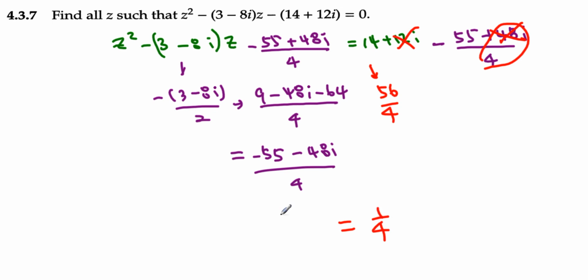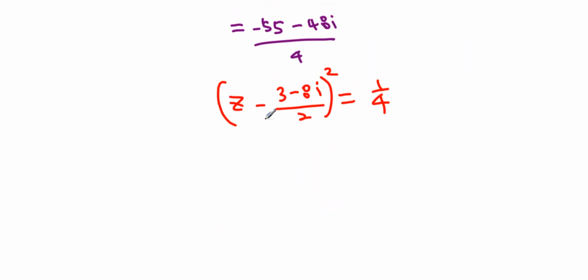How about on the left side? We'll end up getting z minus 3 minus 8i over 2, squared. Now, of course, when I take the square root, then z minus 3 minus 8i over 2 becomes plus or minus 1/2.